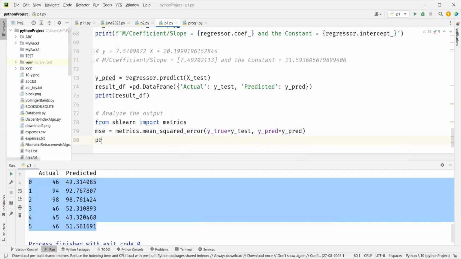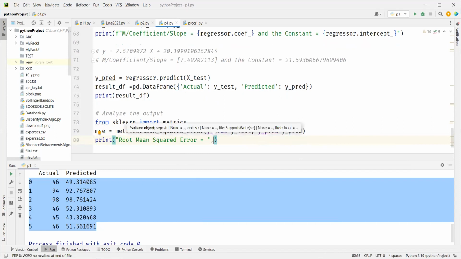So print root mean squared error. I can directly say MSE into 0.5, so MSE to the power of, double star is power of, so MSE to the power of 1/2 or 0.5 will give us the square root.